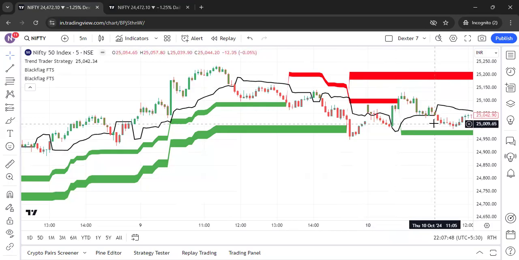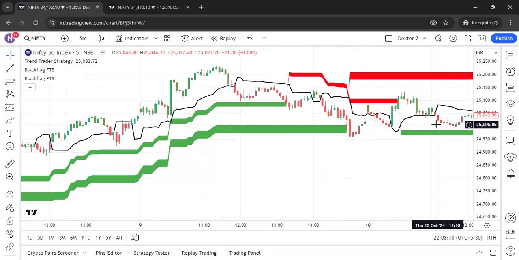All right. Again, if you see over here, at 11:10, it got broken. Broken here, it came here. Again, what is the difference between the high and the low? 25046, 25022. So the difference is 24.